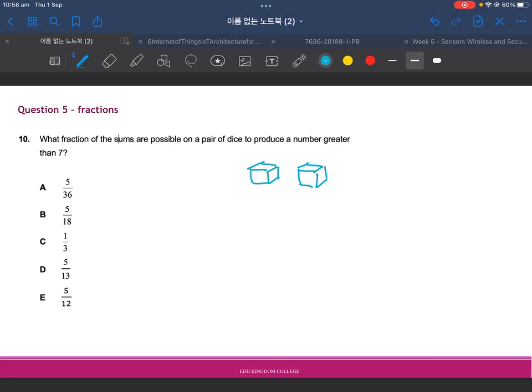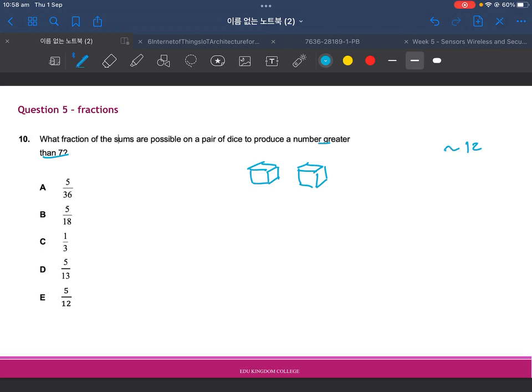And it asks for possibilities of greater than 7, okay? So in a pair of dice, guys, what is the maximum that you can get? Maximum sum. It should be 12, because the maximum on one die is 6, the other is also 6, so we add them to get 12.